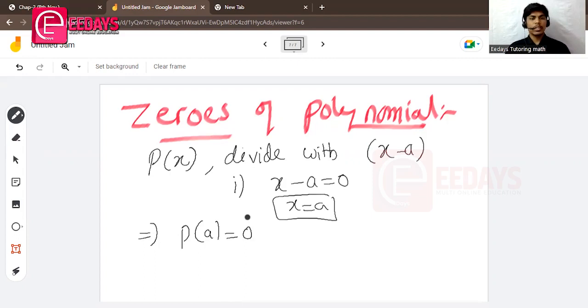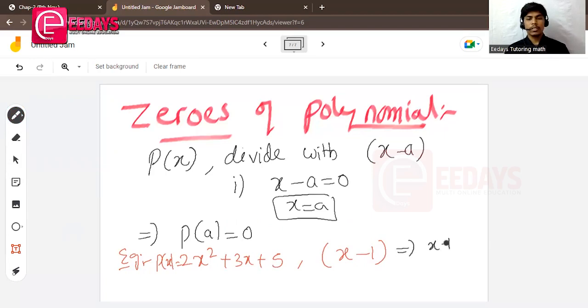Hope you understand. I'll give you one example for your reference. Let's try the polynomial p of x is equal to 2x square plus 3x plus 5. The factor they given is x minus 1. Now how to do this? You should equate the factor to 0. x minus 1 is equal to 0, so x is equal to 1.